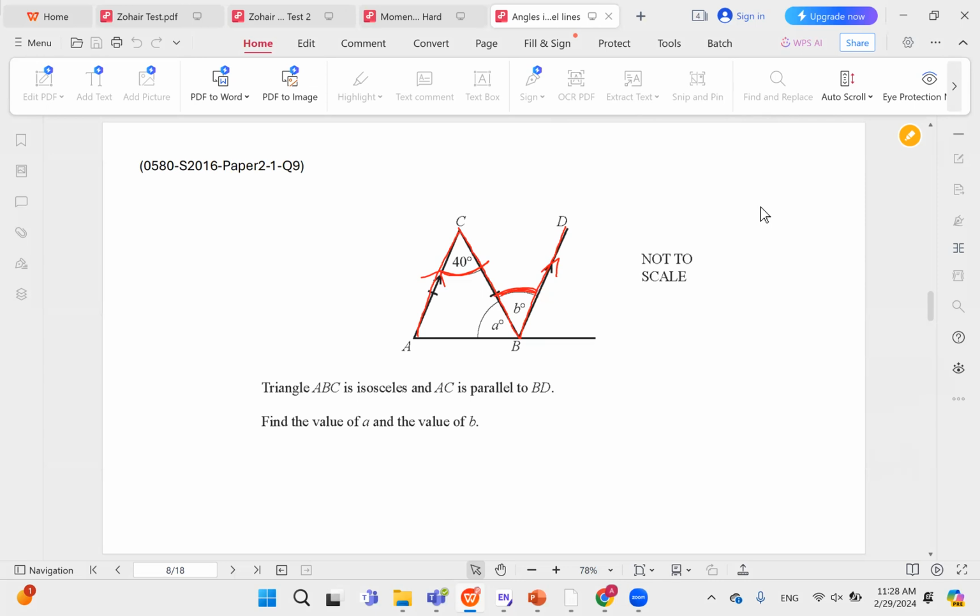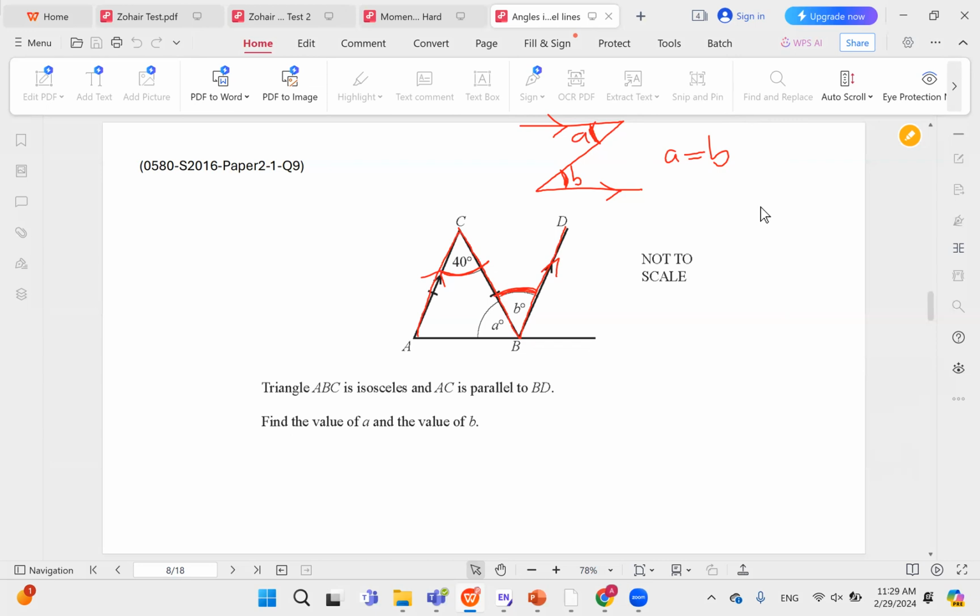The third type of shape formed by parallel lines is the alternating interior angle shape, which is the letter Z. So this angle and this angle here, if we say that this is A and this is B, A is equal to B because of alternating interior angles.